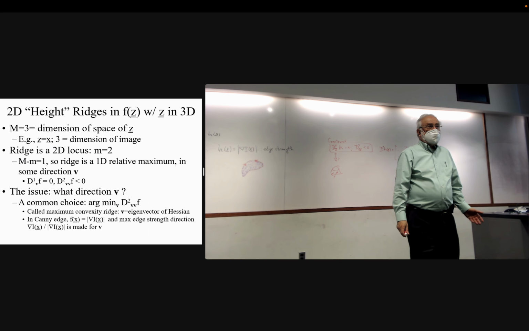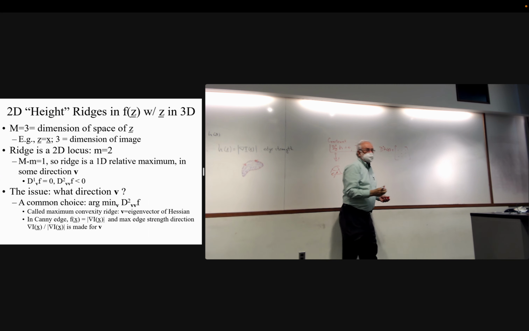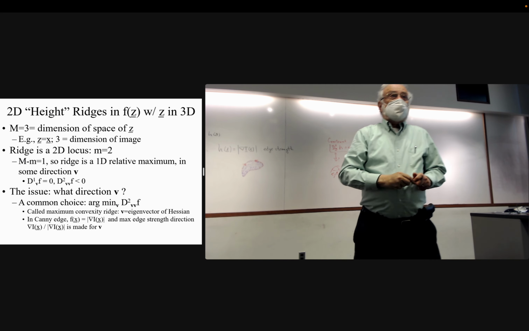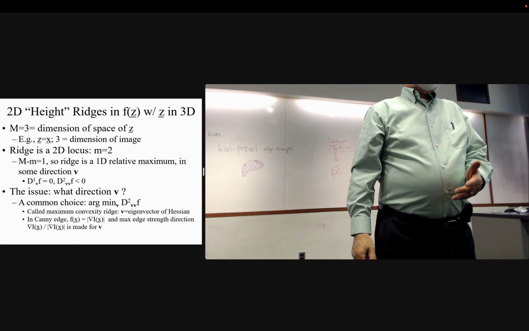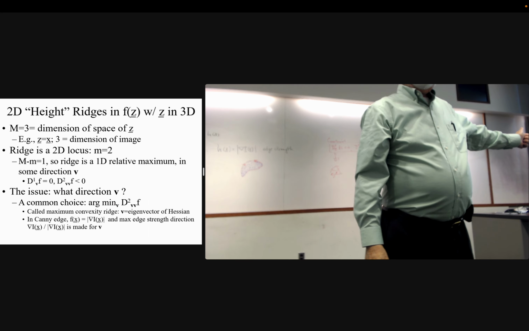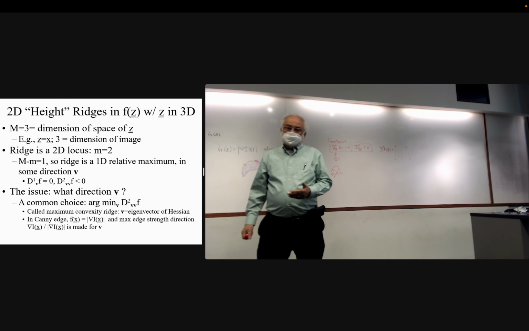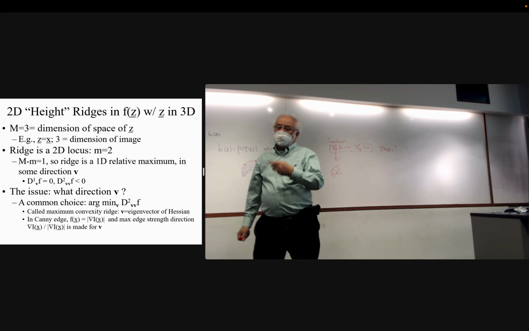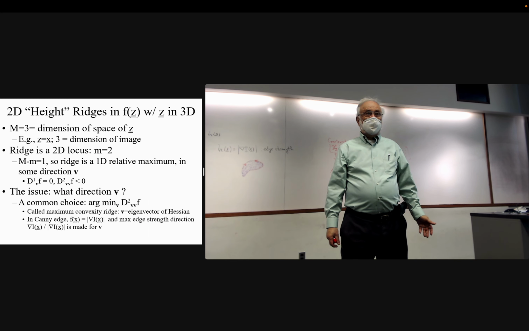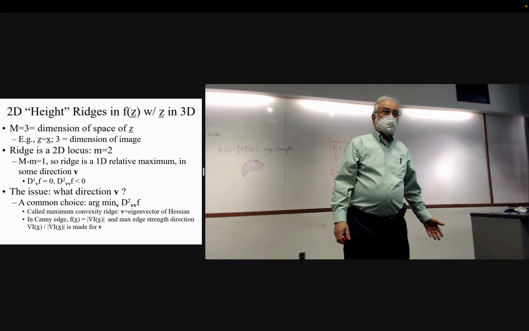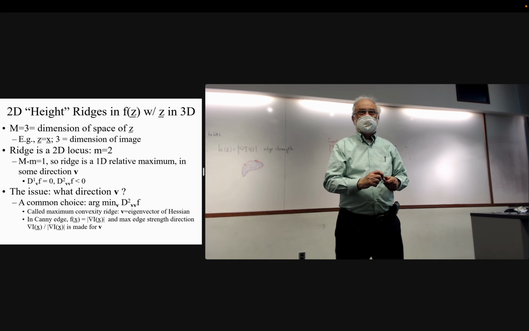So, play the same game. Now our Hessian is 3 by 3, symmetric. It's going to have 3 eigenvalues. At any given point, the Hessian of H is possibly going to have 3 positive eigenvalues, in which case it's not a ridge point. Or if it has a negative one, take the most negative one, take the eigenvector in that direction, that's the maximum convexity choice.